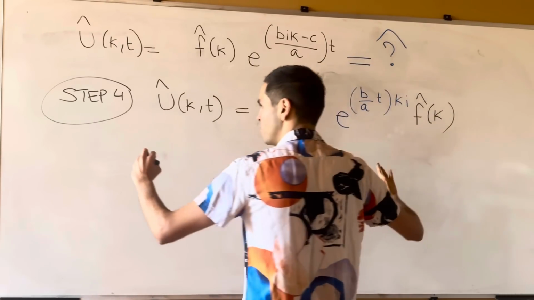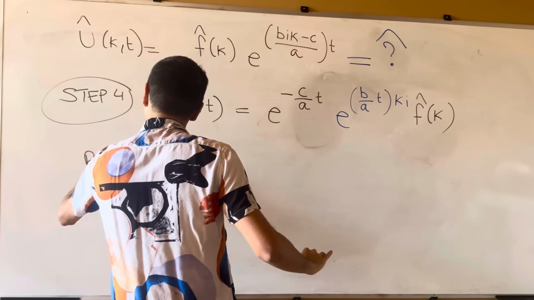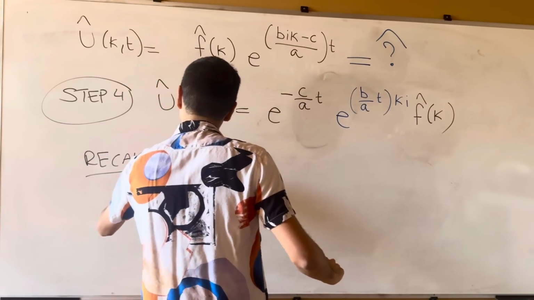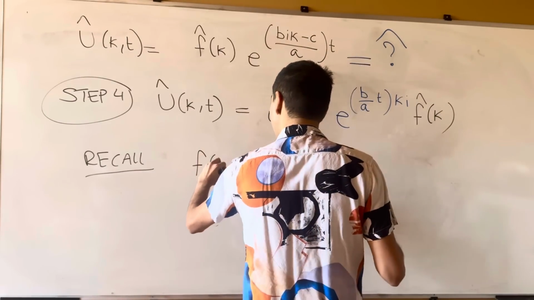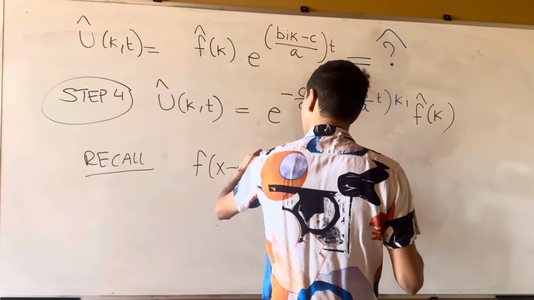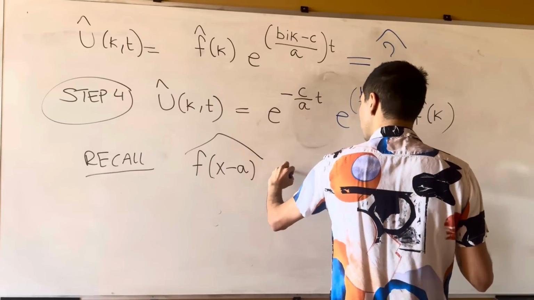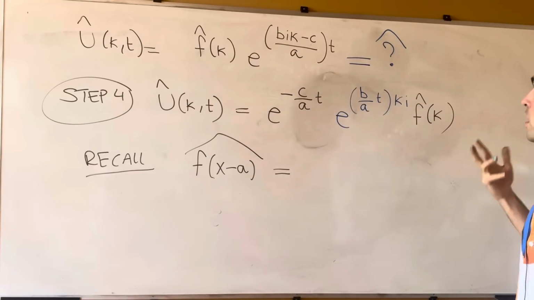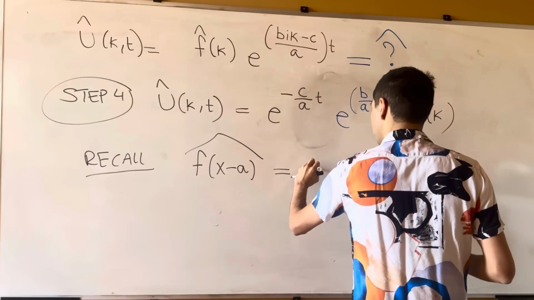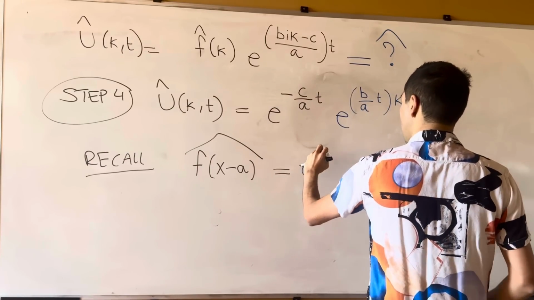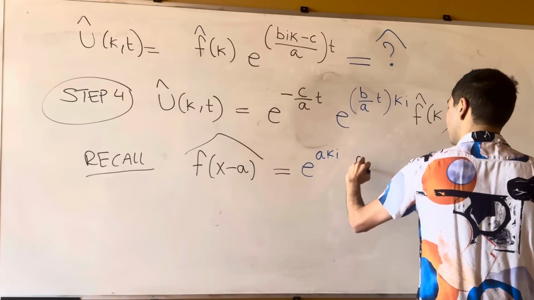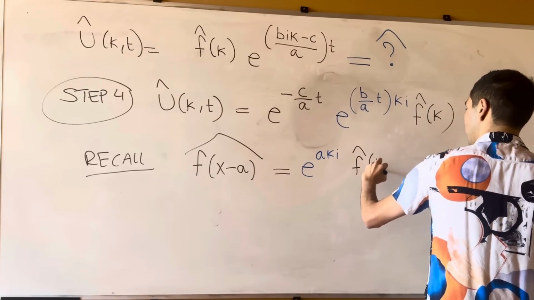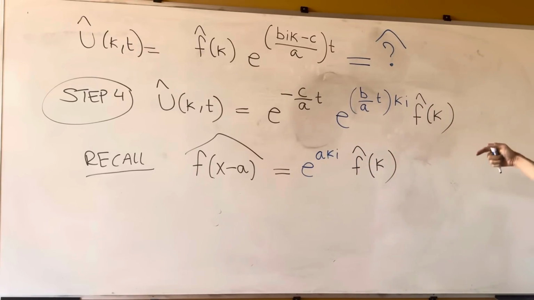So recall, if you take a function f and shift it by a units and take the Fourier transform, an extra exponential term comes out. So e to the a kappa i comes out of the Fourier transform, f hat of kappa. And you can also read this in reverse.